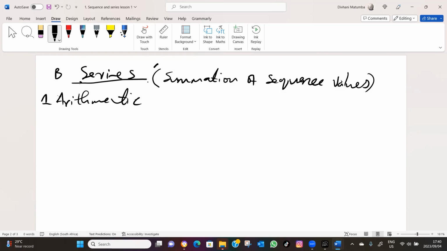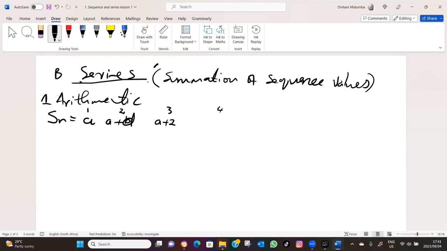So let's say we are summing up term number 1, term number 2, term number 3, term number 4. Term number 1 on our calculations was A. Term number 2 was A plus D, sorry, I always make this mistake.